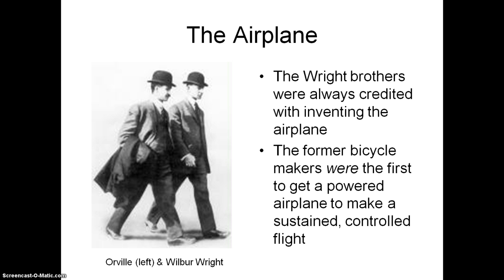And they were the first to get a powered airplane to make a sustained, controllable flight, they could steer it, they could keep it up. And that was it. That was their development. They made it so it was now useful and built upon that.